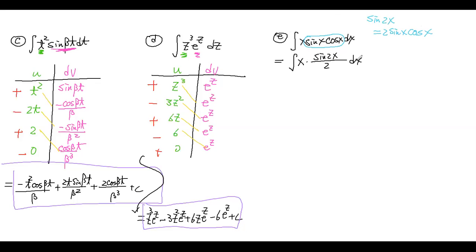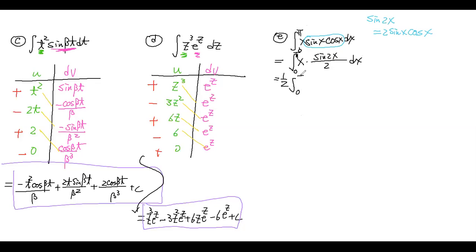Now what is the next thing I can do here? I can move the 1/2 out. I'm sorry, here we have the limits 0 to pi, but it doesn't matter. We just put the 0 to pi at the end.